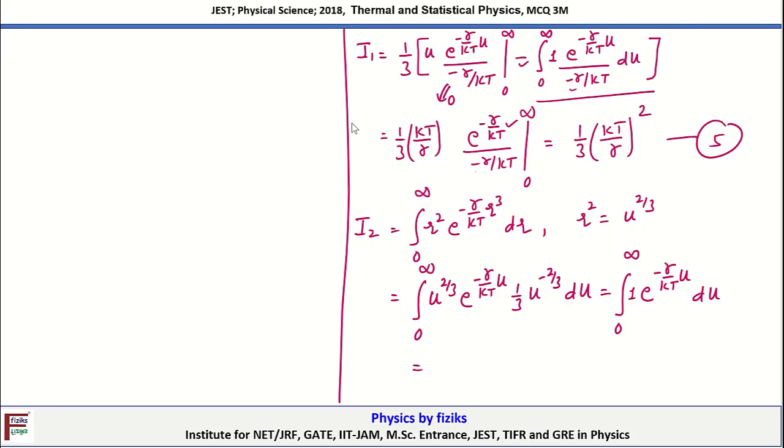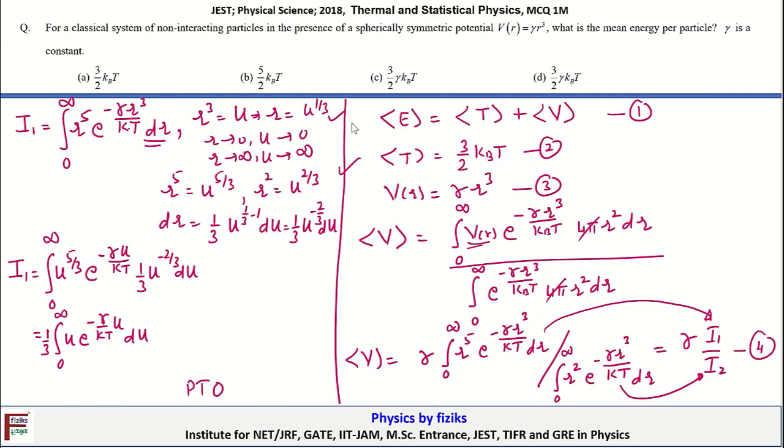A factor of 1/3 outside, and then exponential minus gamma by kT u upon minus gamma by kT, with limits of integration from 0 to infinity. So this is equal to 1/3 kT by gamma. Okay, that's equation 6.